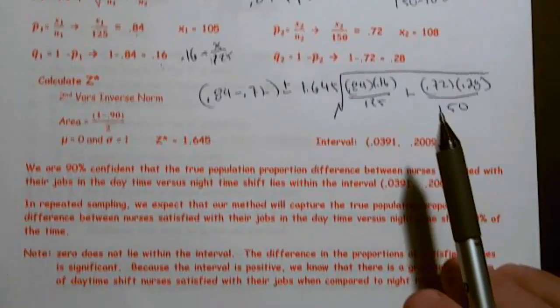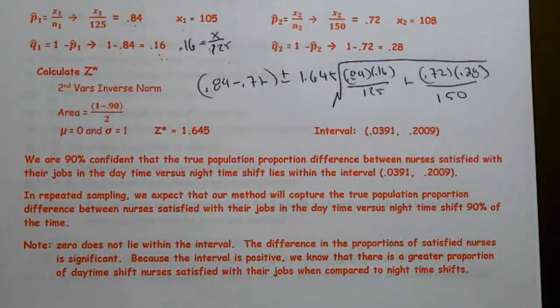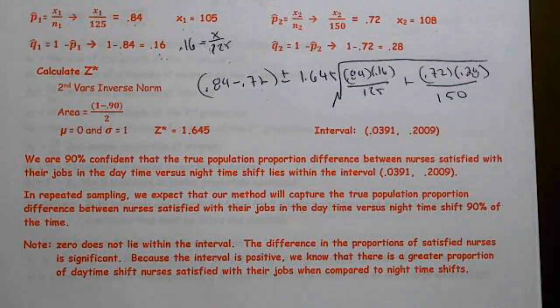So we are 90% confident that the true difference in population proportion between nurses satisfied with their jobs, day versus night, lies within this interval. And in repeated sampling, we expect that our method will capture this true population difference between a day and night 90% of the time. And finally, zero does not lie in the interval, and so the difference in proportions is significant.